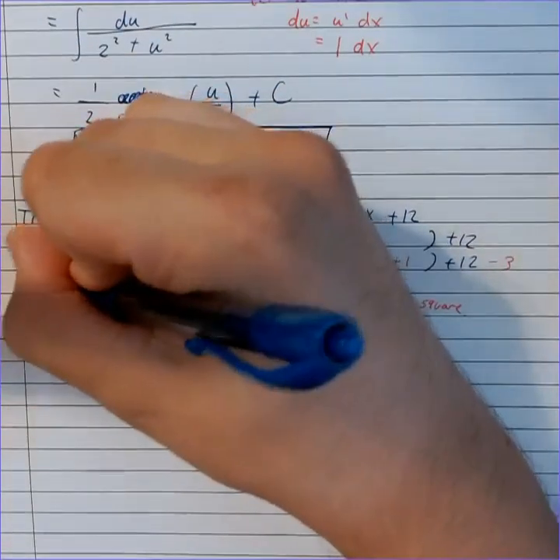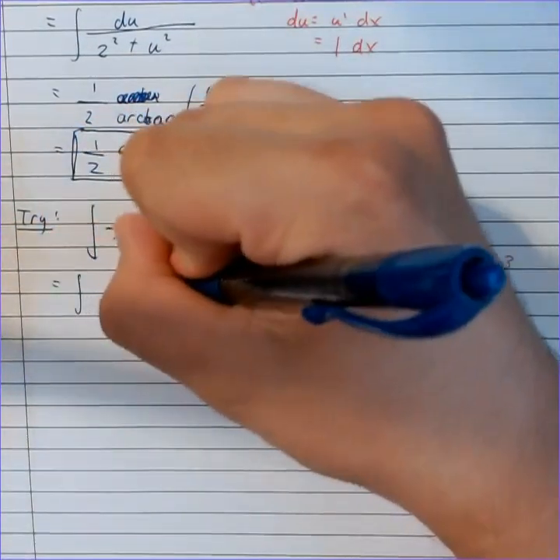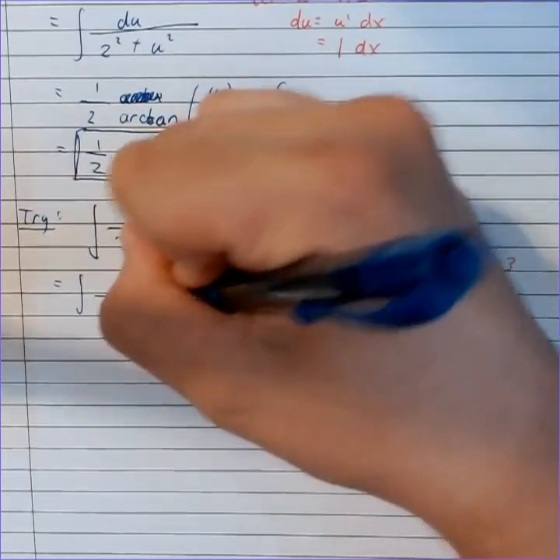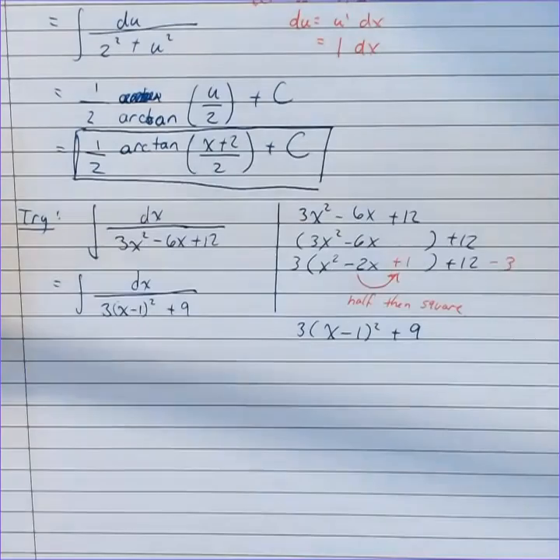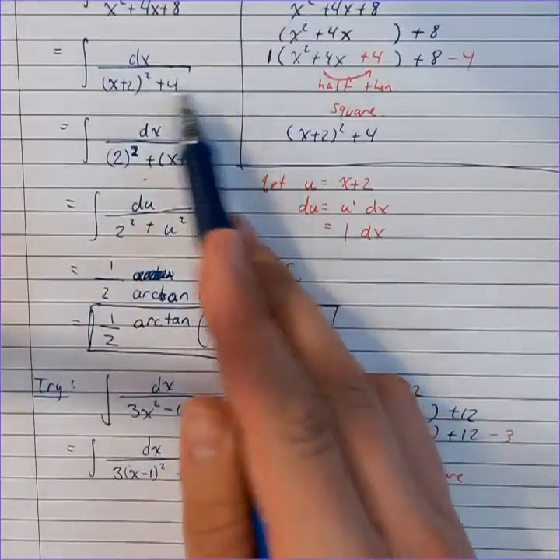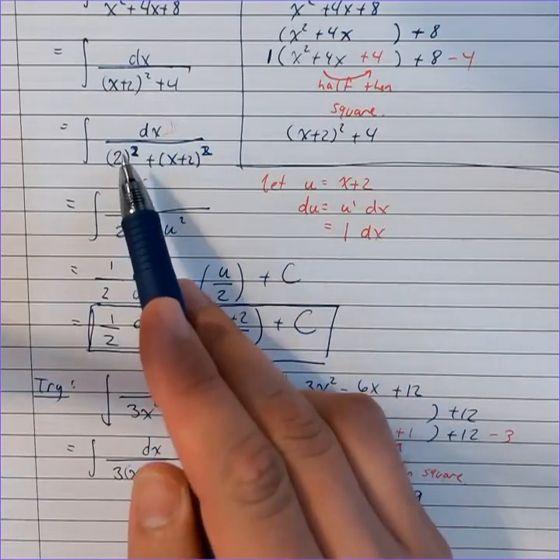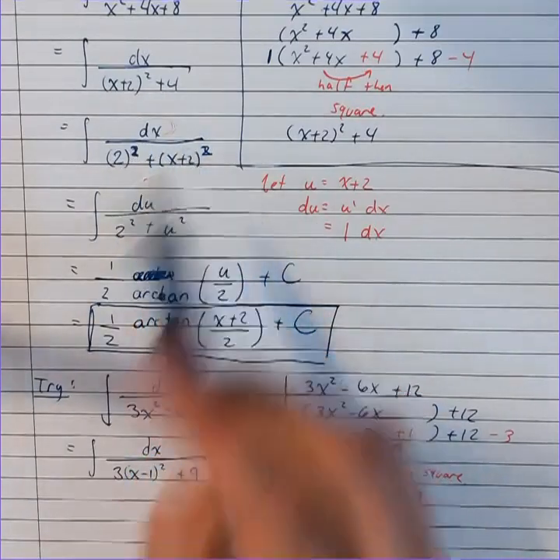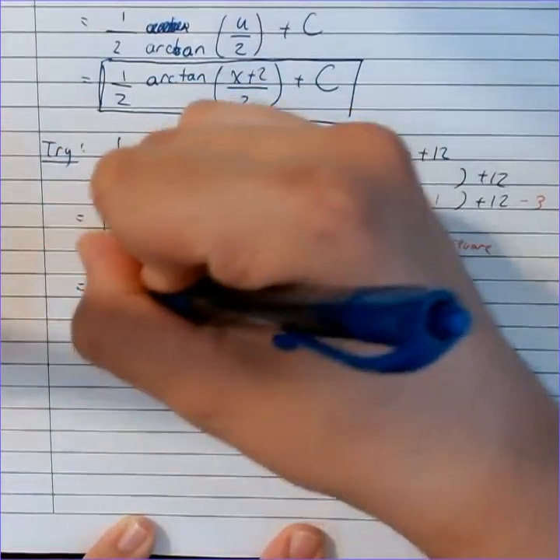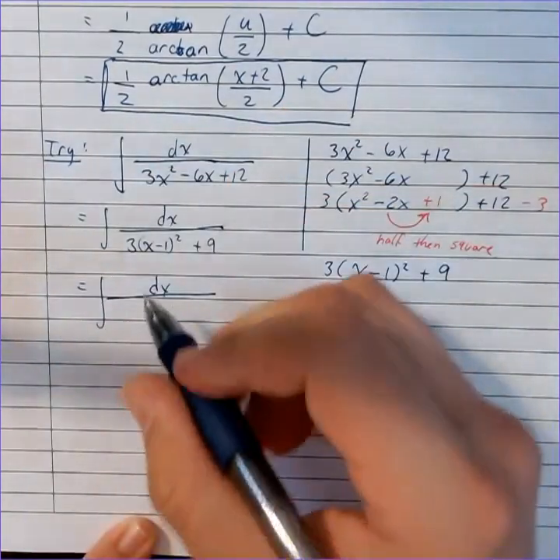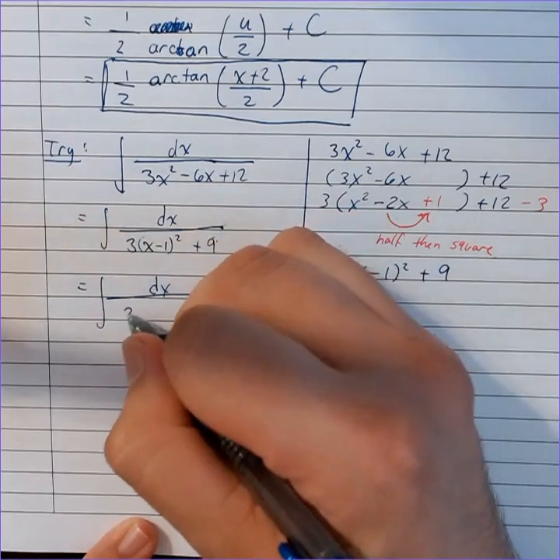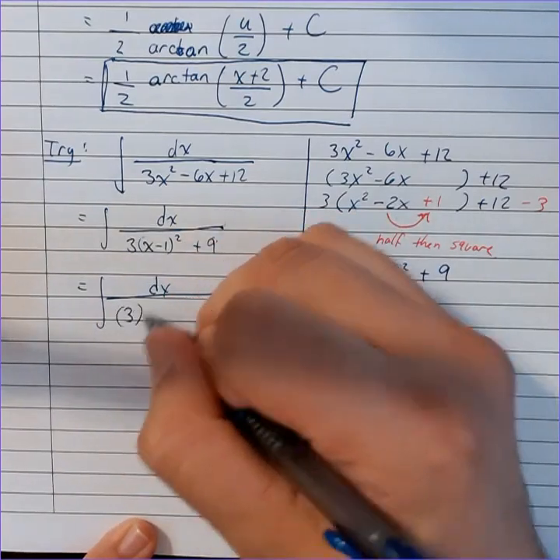So I can now write this as the integral of dx over 3 times x minus 1 squared plus 9. And now I'm going to write this just like I did above. That is perfectly fine, but I'm going to rewrite it this way so that it's constant squared plus variable expression squared. So that's dx in my numerator. So the integral of dx over, what do I square to get 9? Well, I square a 3, so that's 3 squared.